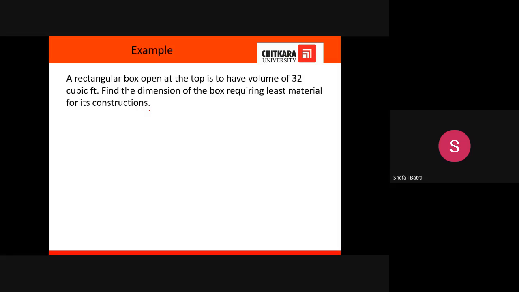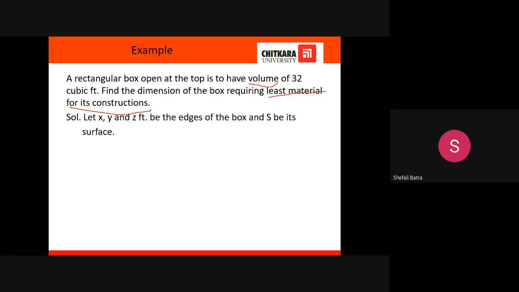Again, I am reading this, read it carefully. So there are two things in your question. One is volume, another is least material required for its construction. That means its surface area.